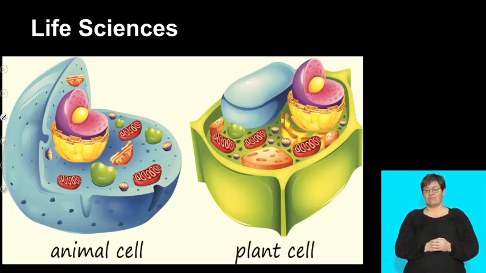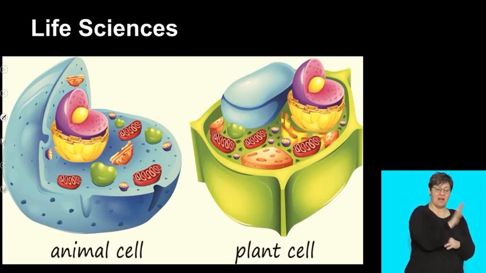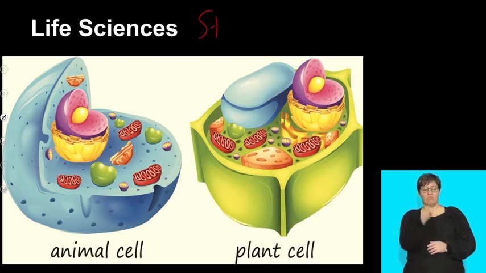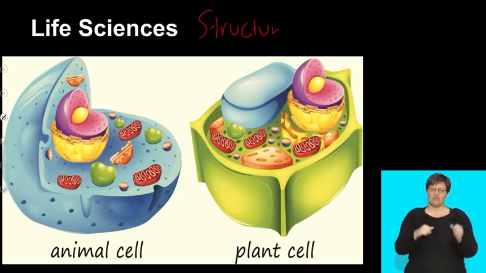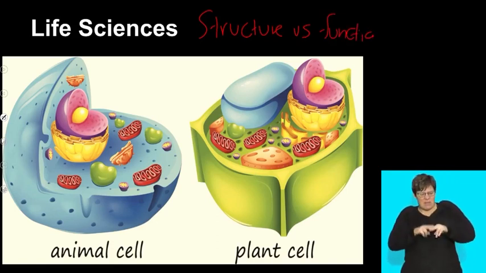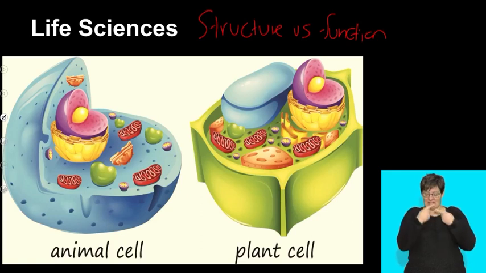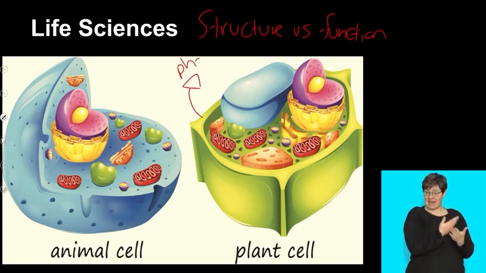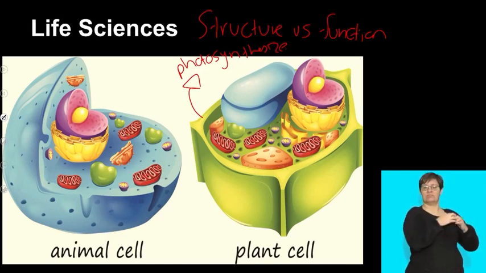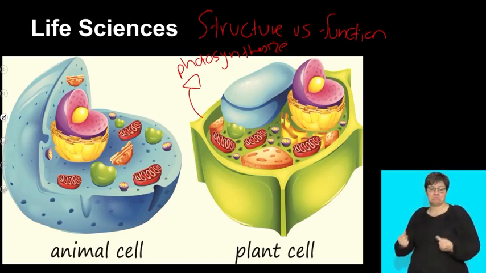Okay, the next concept that we looked at was the animal cell and the plant cell. Now, as I said to you, if we look at this concept of structure versus function, here we're going to see that there is a difference. Why? One of the things that plant cells can do is photosynthesize, so they are going to make their own food. An animal cell cannot do that.